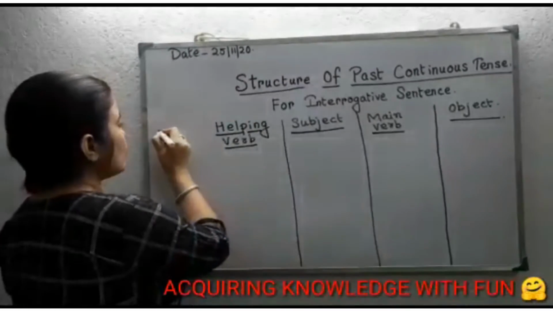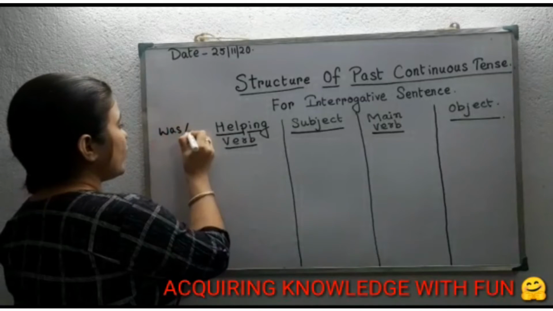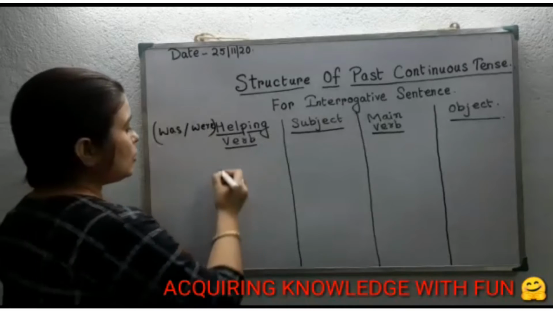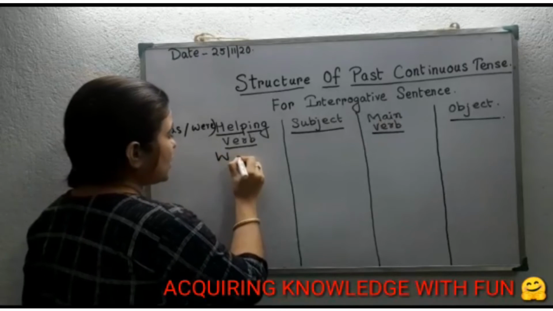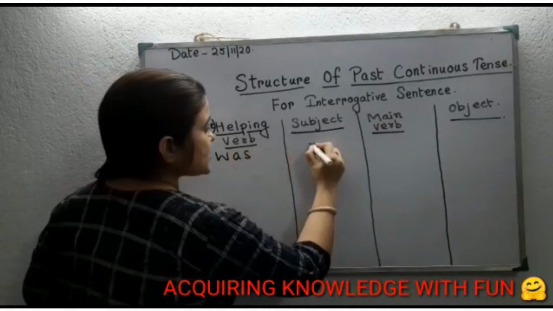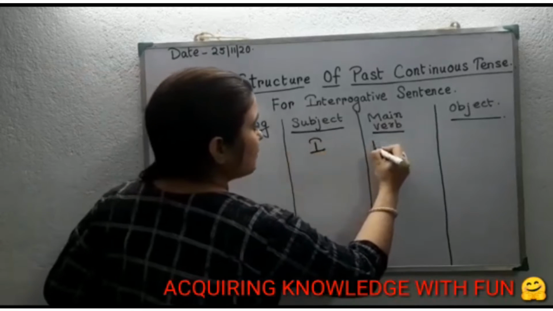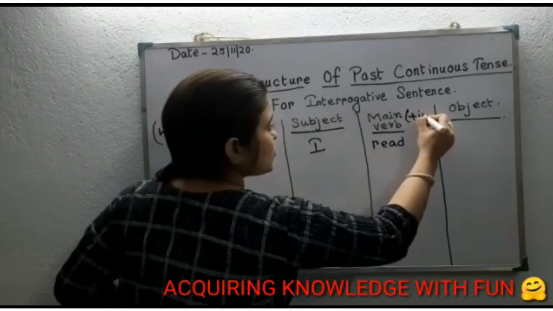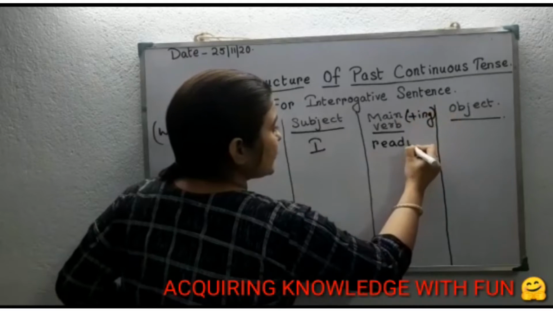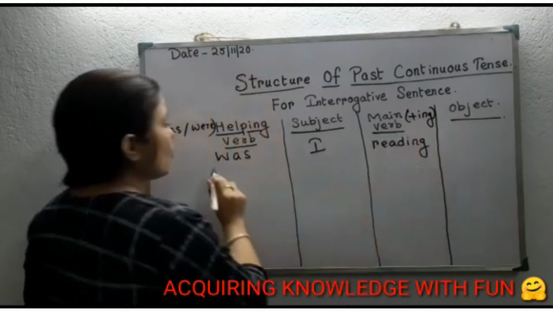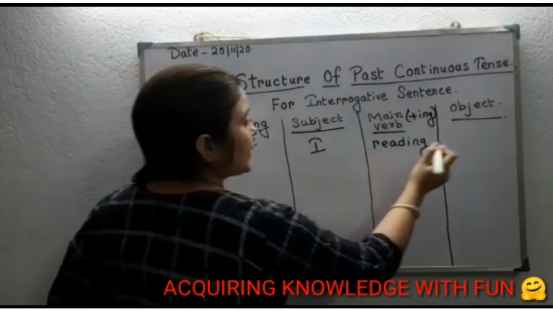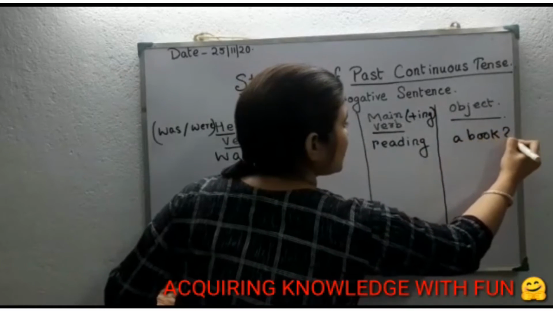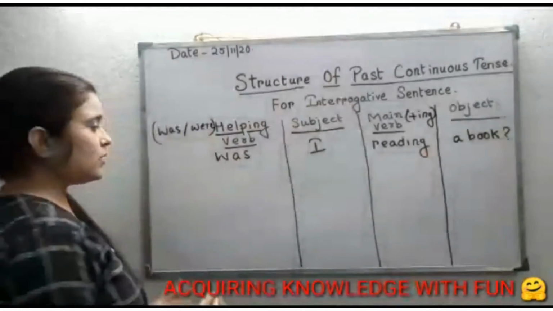What are those? Was, were. Right? So, was, subject I, main verb read, and then plus ing. So, reading. Was I reading a book? Question mark. Okay.